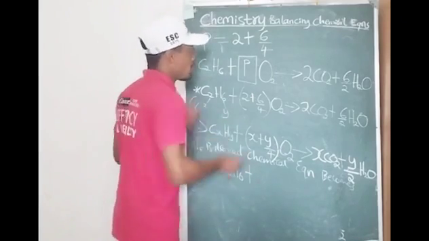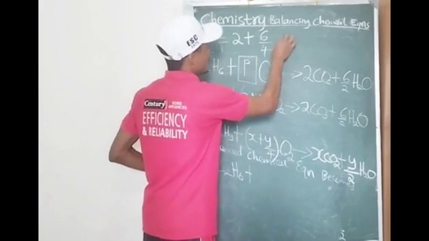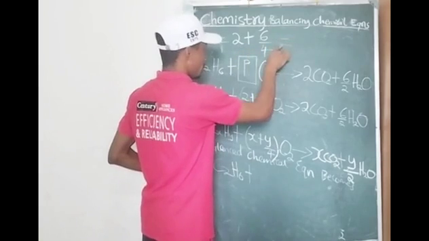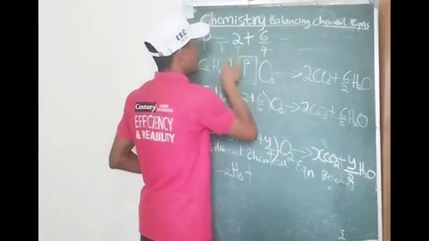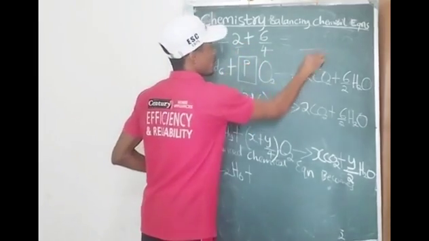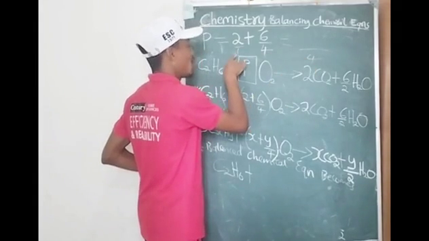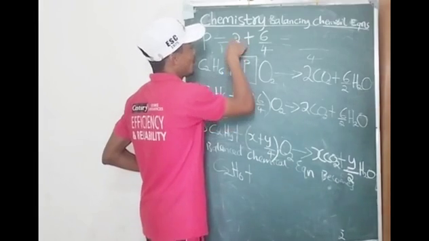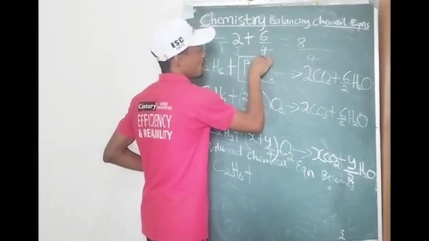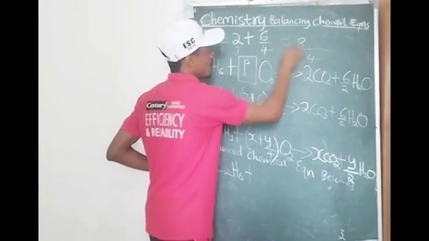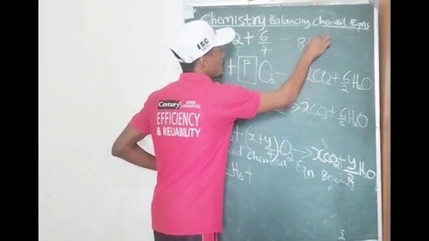Let me just do something for the sake of some persons. Finding the LCM of 1 and 4. LCM is 4. 4 divided by 1, that gives you 4 times 2, that gives you 8. 4 divided by 4, that gives you 1 times 6, that gives you 6.